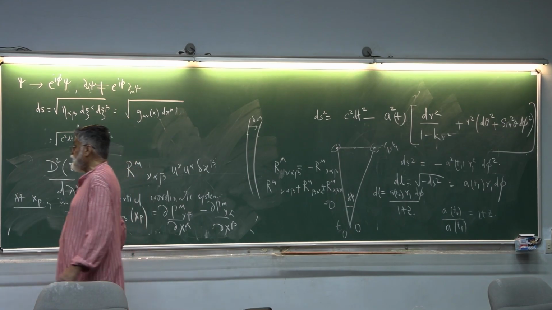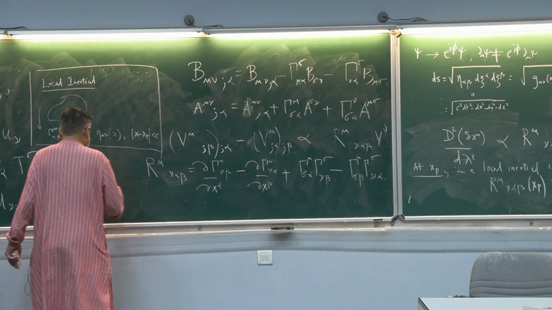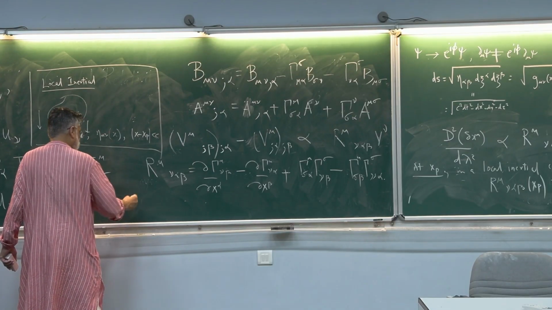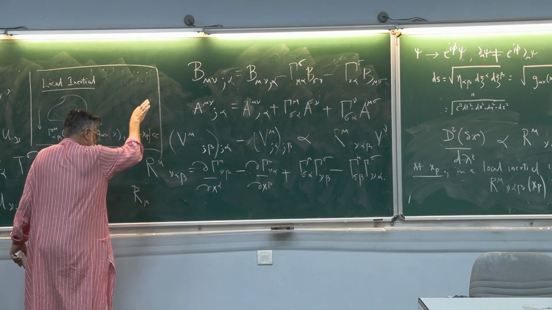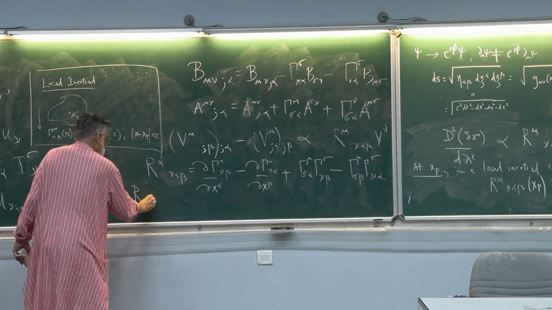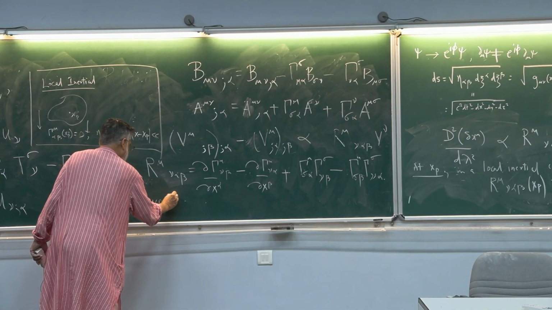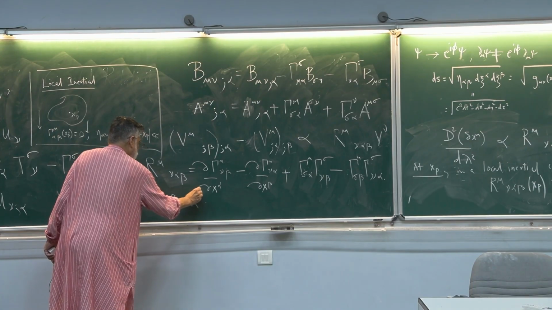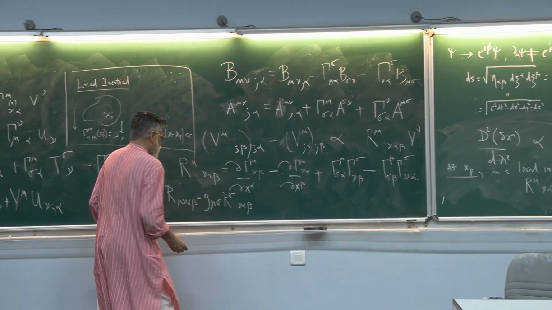Now you can also construct another quantity, because you can lower and raise. We have talked about lowering and raising using the metric tensor. You can lower the upper index by using the metric: g mu sigma R sigma nu alpha beta. This is by definition.